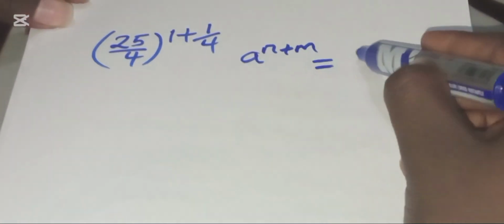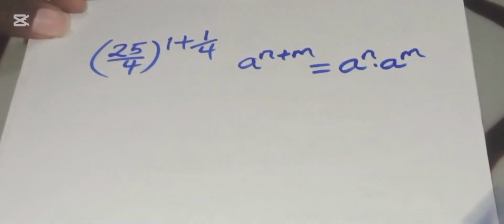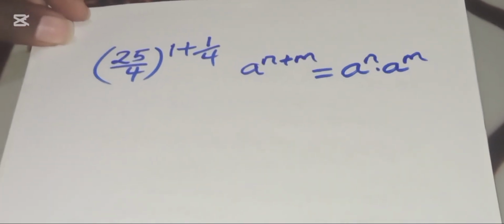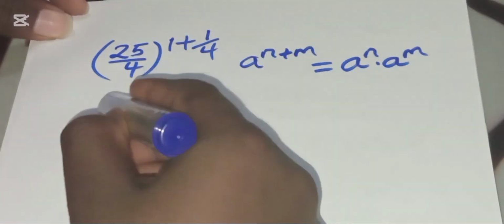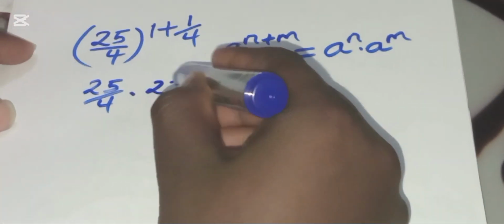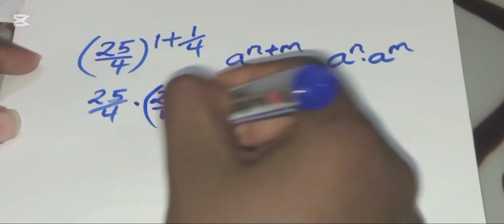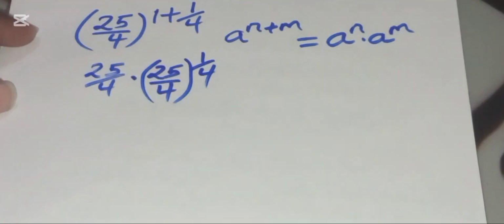This can be expressed as a raised to power n multiplied by a raised to power m. Okay? Now let's apply this property so that we'll have 25 divided by 4, multiplied by 25 divided by 4, all of this raised to power 1 over 4.